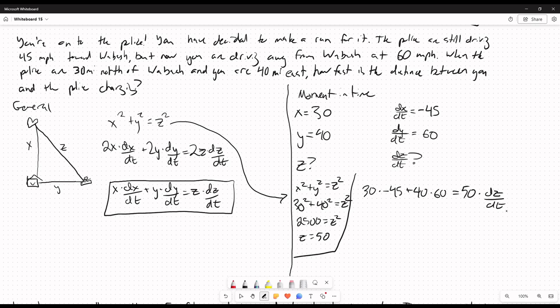This should be negative 135, if I'm not mistaken. Plus 60 times 40 should be 2400. That sounds about right. And actually, that's negative 1350. I forgot a 0. That sounds more correct, actually. And all that is going to equal 50 times dz/dt.